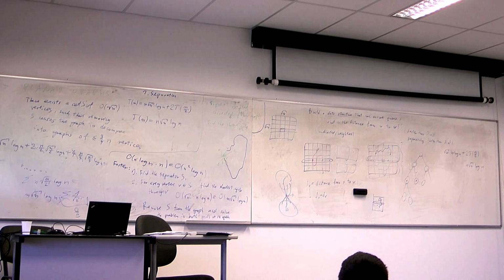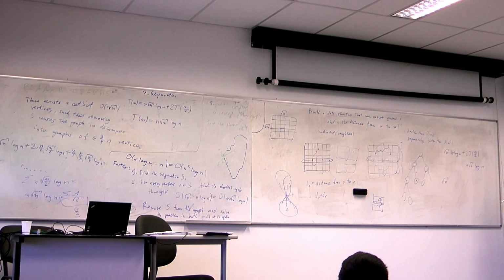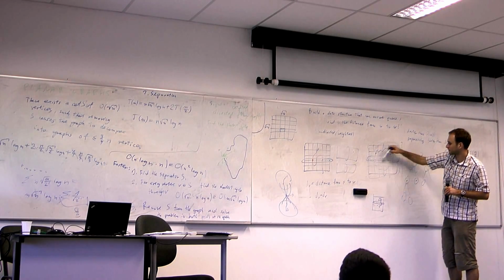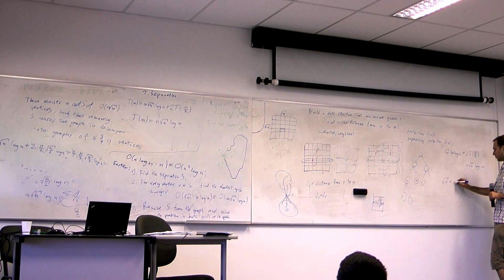Now the query time is root n on the top level, because we have to check root n options, and then we've got a graph which is 2 times smaller, so it's root n over 2. Then it's root n over 4, and so on.